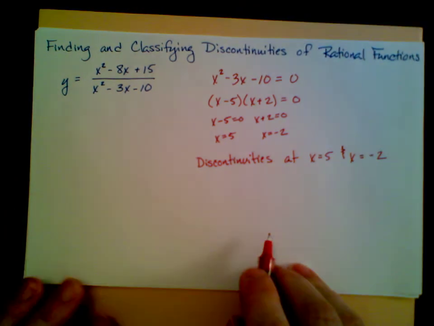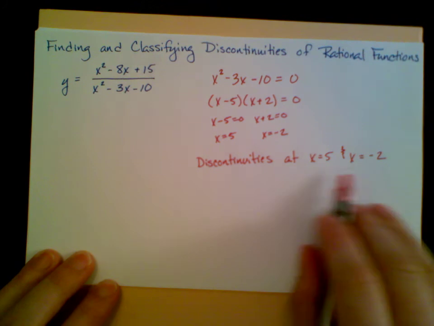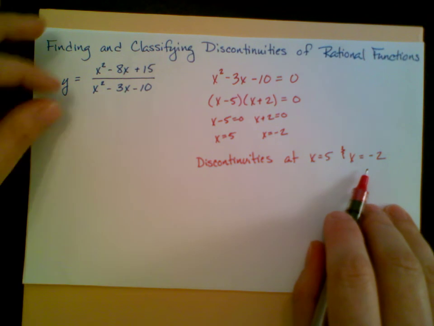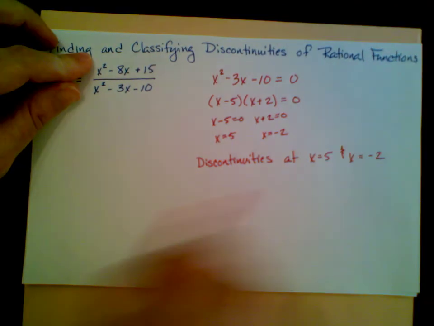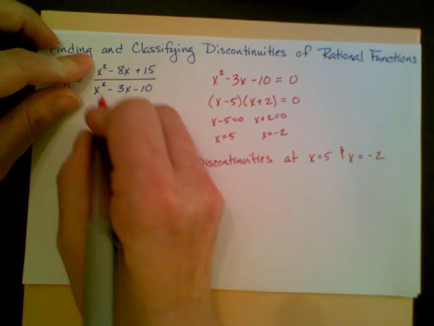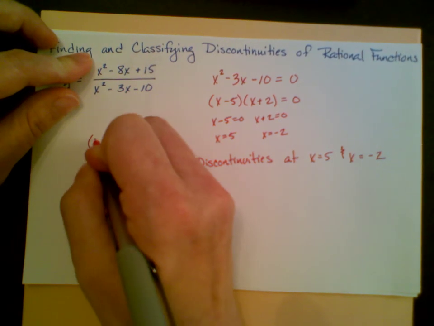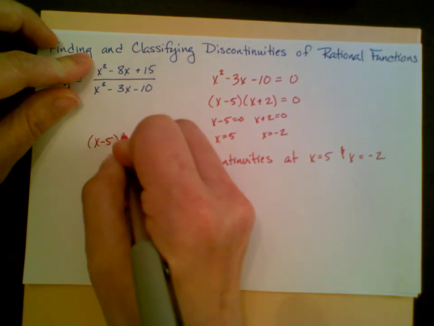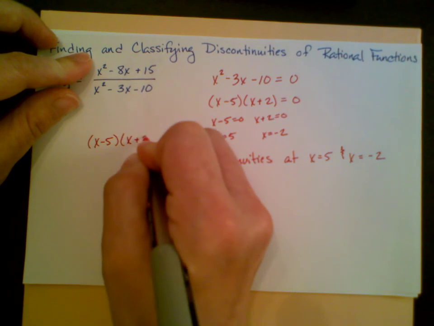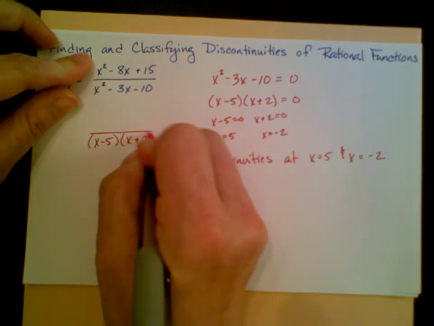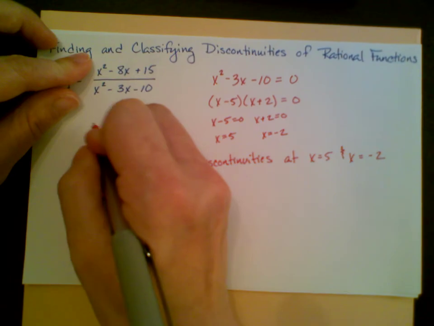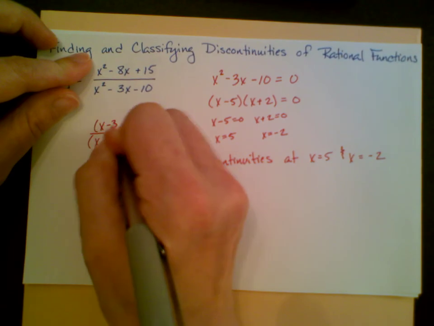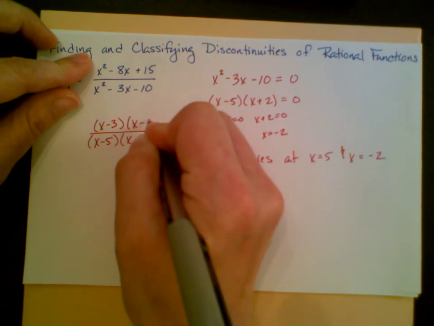Now, if I want to know what type of discontinuity, I need to look back at the original function here. So I know how the denominator factors. That factors as x minus 5, x plus 2. I also want to factor the numerator, which will give me x minus 3, x minus 5.